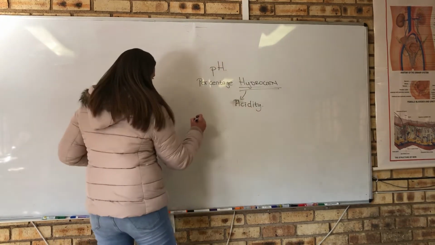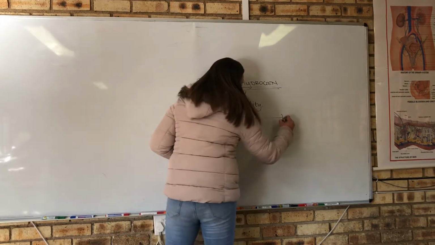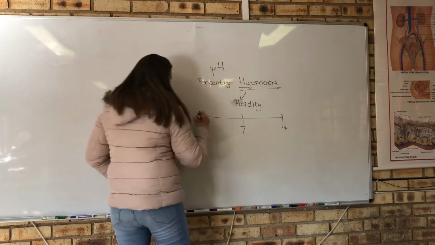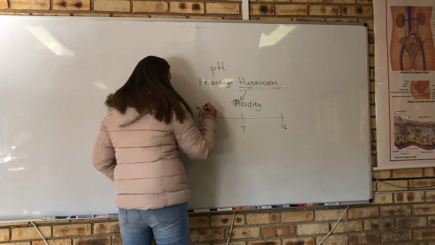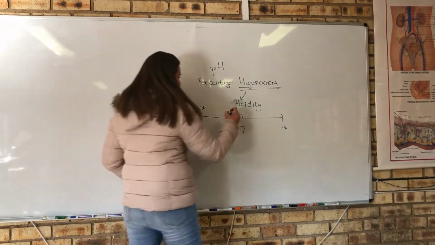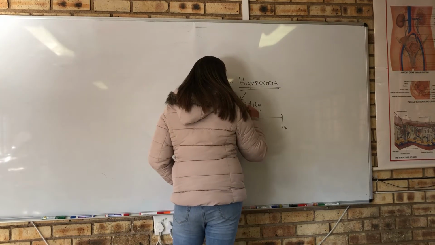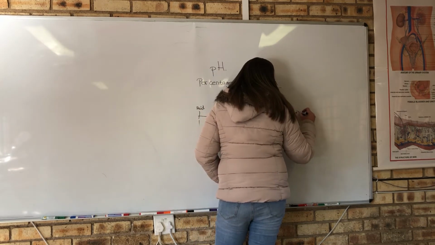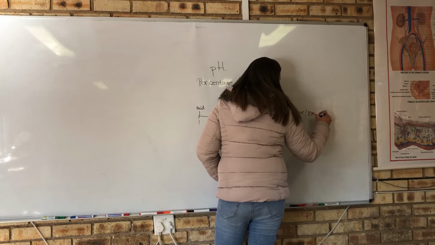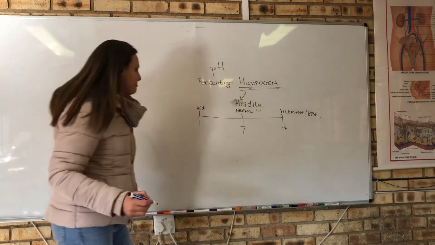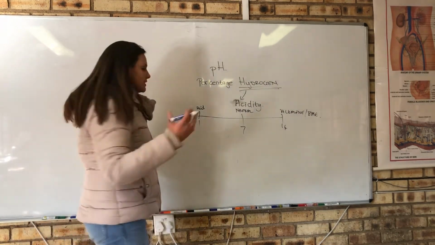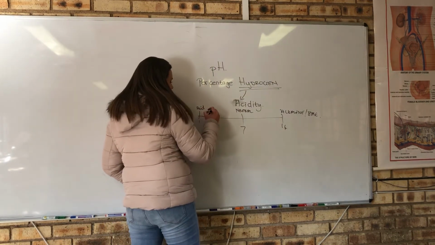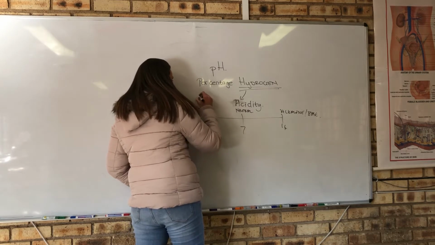Now pH is regulated on a scale from 1 to 14, 7 being neutral. 1 is our most acid kind of content. 7 represents neutral and 14 is alkaline or bases. Okay? So that's a basic pH scale. What this means, grade 11s, is that if you have something that is very, very acidic, it's got a lot of hydrogen ions.